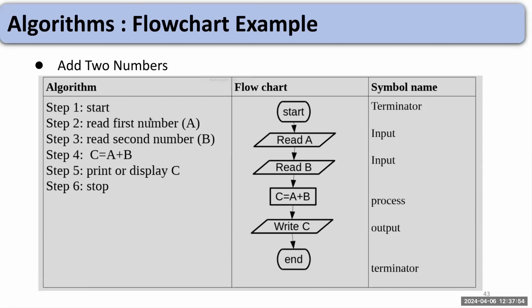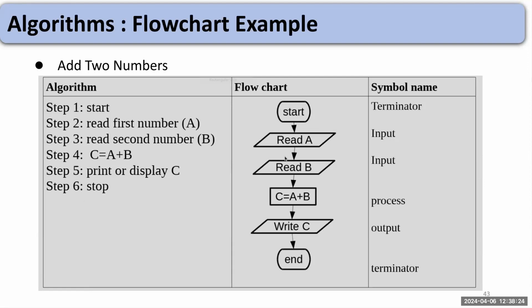If we write a flowchart for a software or computer program, it should be like this. Start, read the first number, read the second number, and this is a process. What happens to the input and what is the output? And print or display C, stop. Start and stop.